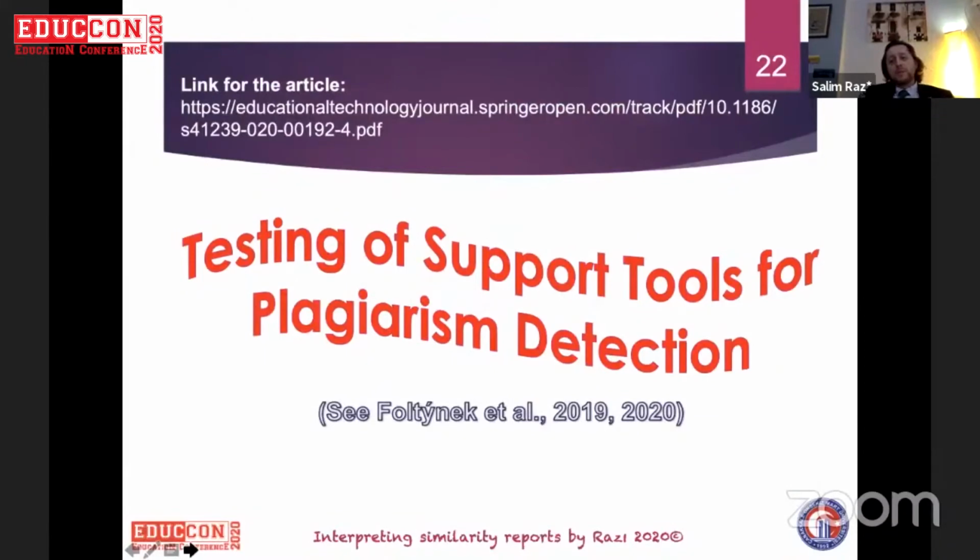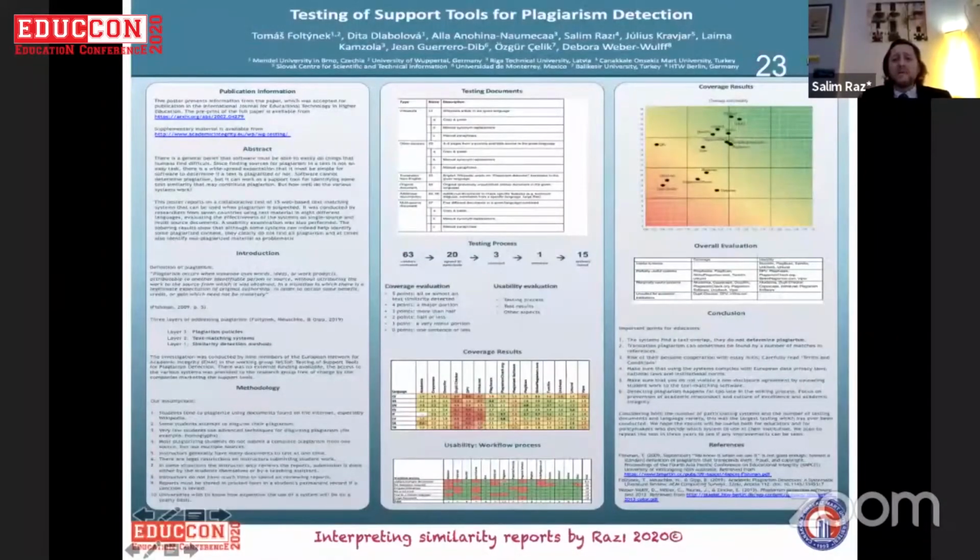Under the European Network for Academic Integrity, we have a working group and we are testing support tools for plagiarism detection, helping us to detect plagiarism. And here I shared the link for an article for you. I am going to mainly refer to our findings. These are coming from one of our conference presentations.